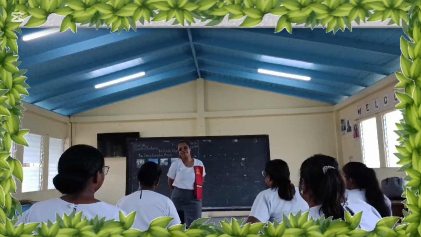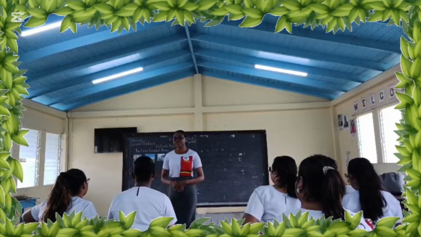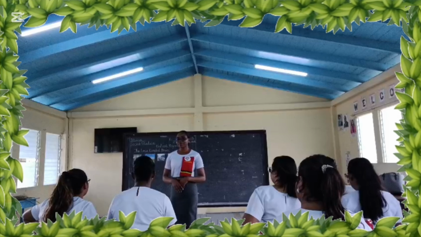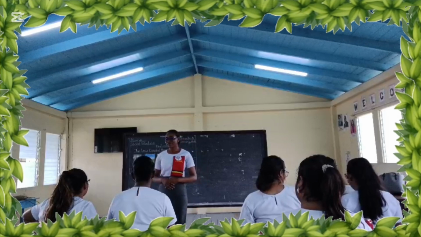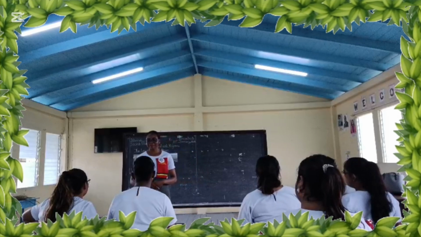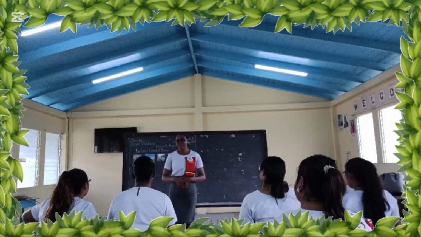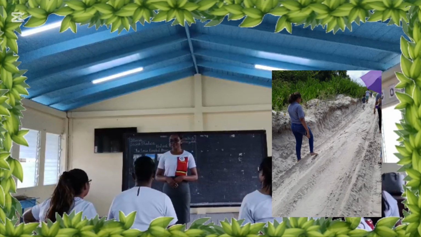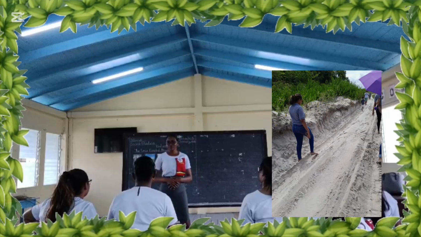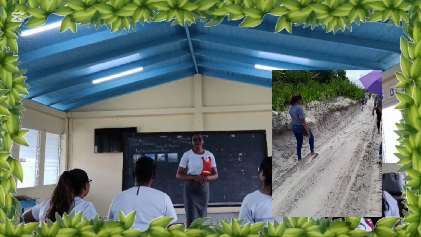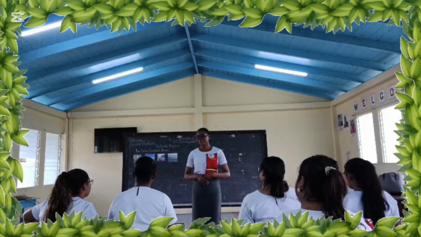Very good. We will be looking at the two last features of the low coastal plain. The first one, we have the soil on the low coastal plain. The soil on the low coastal plain is most likely sandy. This means it doesn't hold water very well and it can dry quickly.